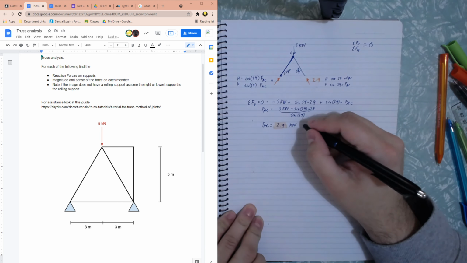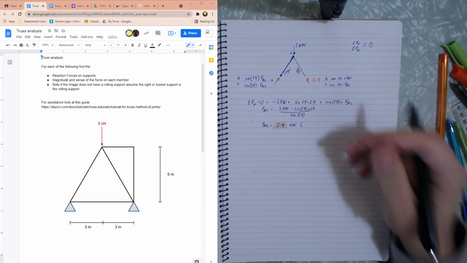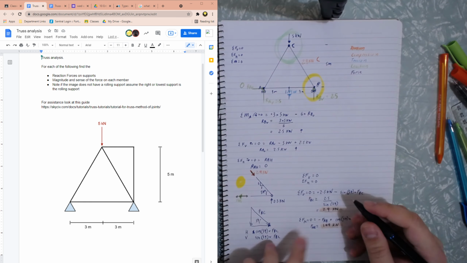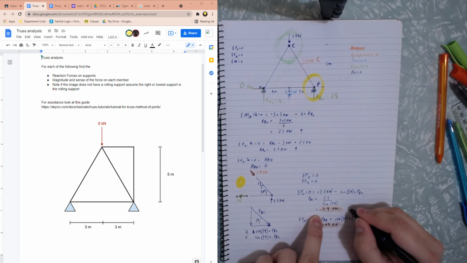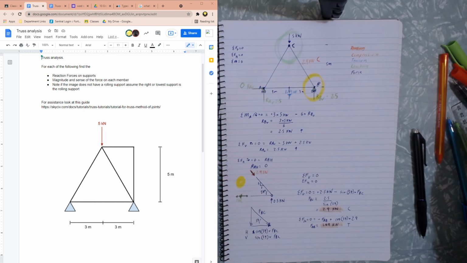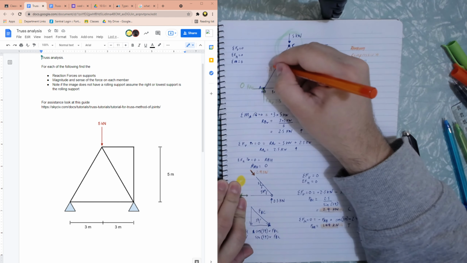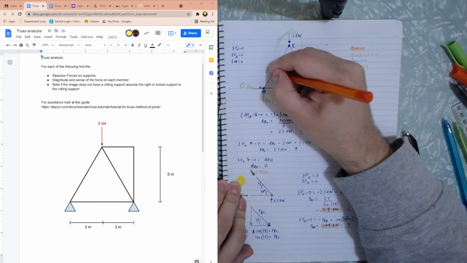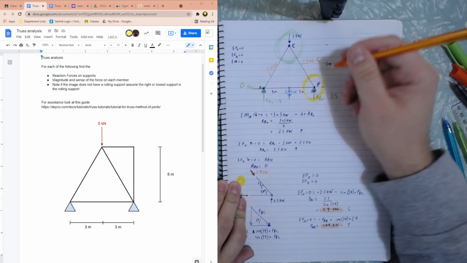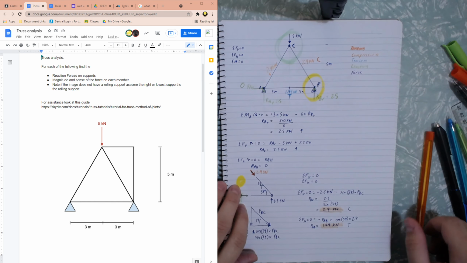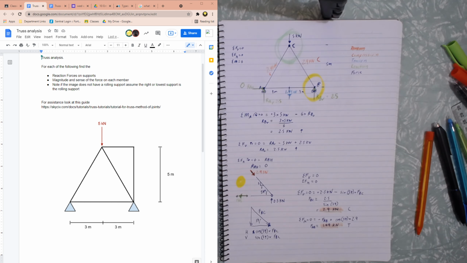Its direction is compression. I should have written these over all: this is in compression and this is in tension. And then we can draw it over here: 2.9 kilonewtons in compression. And so that is how we solve those questions.